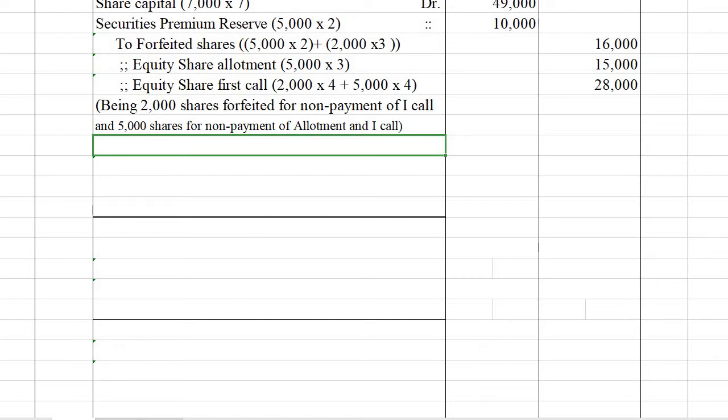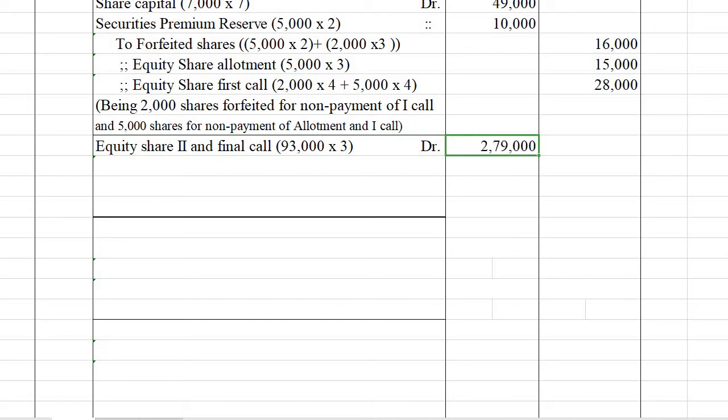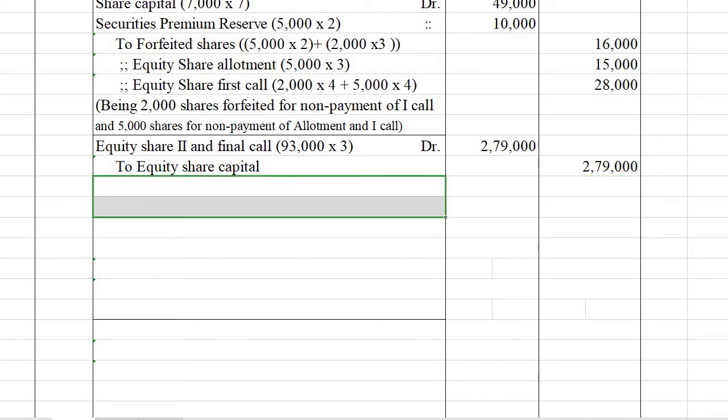These 7,000 shares are forfeited, so no more money will be received from those shareholders. So equity share second and final call debit, 93,000 into 3, 2,79,000. To equity share capital 2,79,000. Then write the narration.